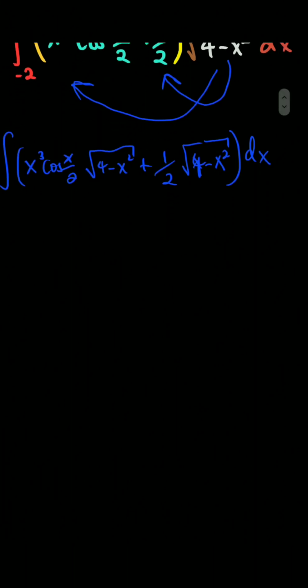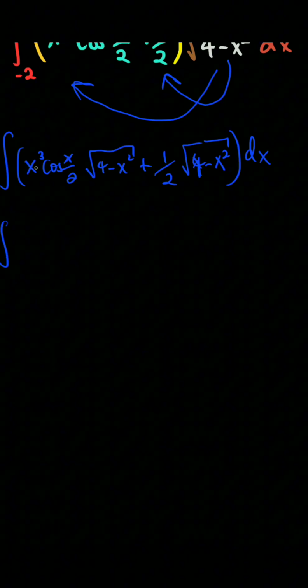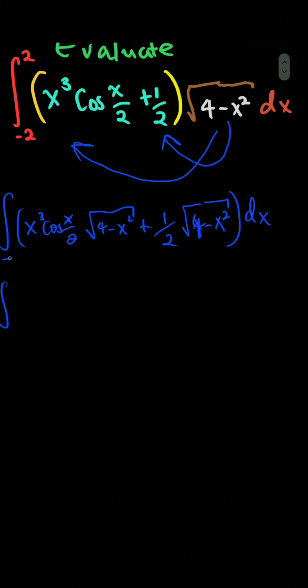Then what we're going to do now is distribute the integrals. So we have the integral for the first part alone with respect to x, and the integral of the second part alone with respect to x.